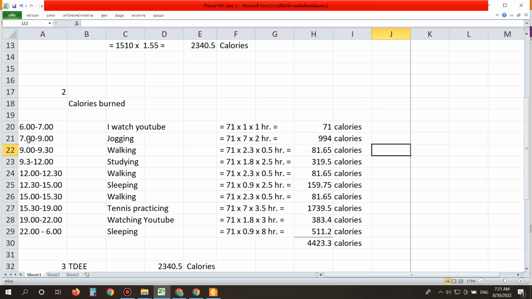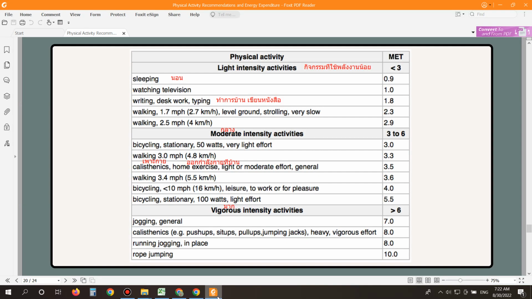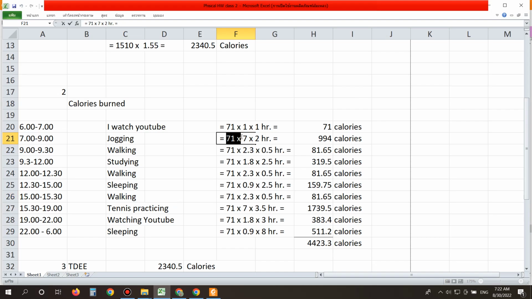Then next, my activity from 7 to 9 o'clock, 2 hours, I go jogging. Jogging has this intensity. Jogging in general is 7 because it's high intensity. My weight multiplied by intensity and multiplied by 2 hours.